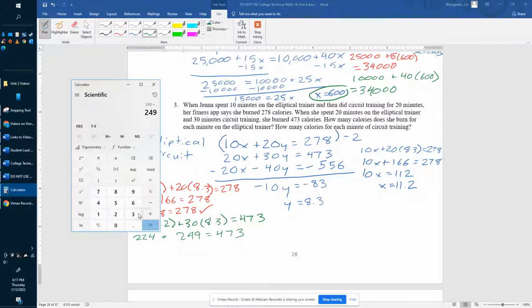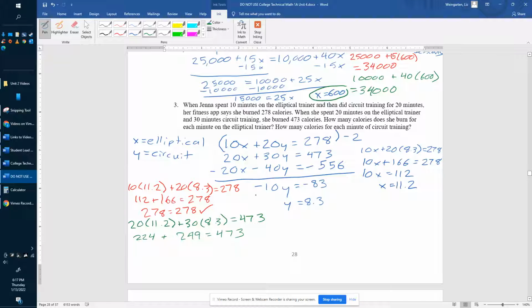Throw that in our calculator, and we get 473. So that's great. We found our solutions.